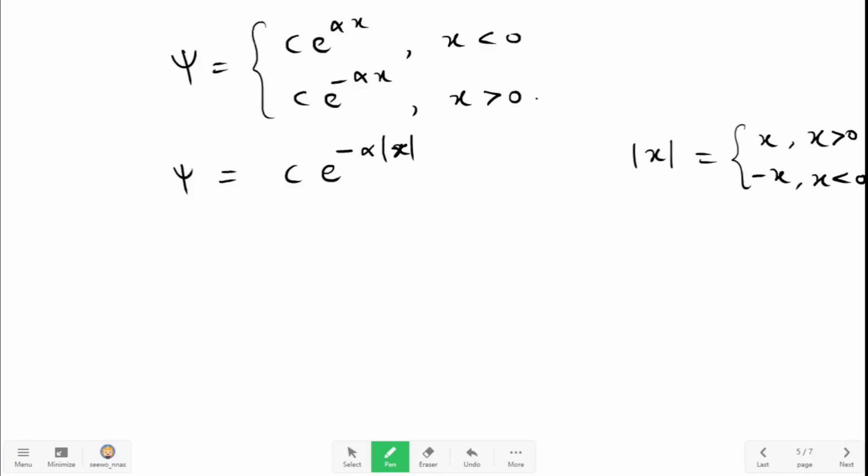Now to get the value of C, you can use the normalization condition. So what is the normalization condition? If you integrate psi star psi over all space, then this must be equal to 1. This is the normalization condition.